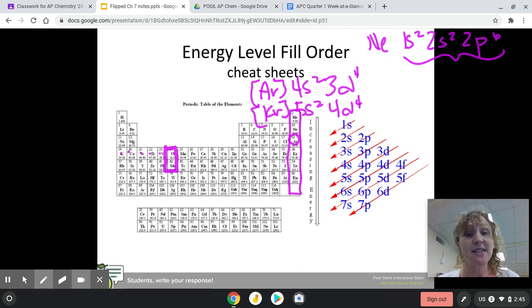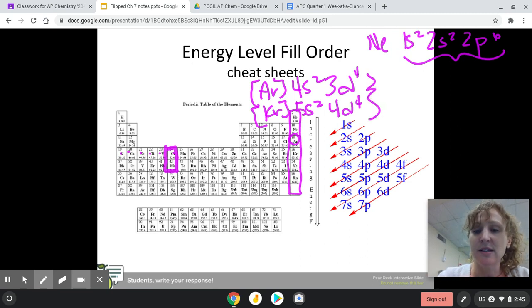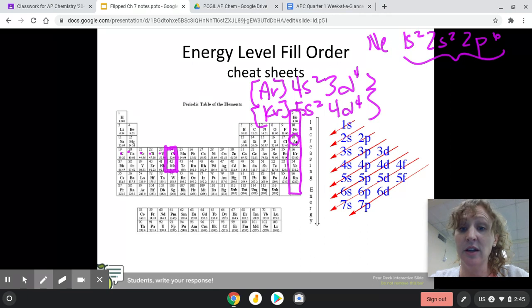Well, a very similar stability comes from a half-filled orbital. So if you look at the elements that have a half-filled orbital, there's this special stability that gets attributed to them as well. It's not quite as stable as the noble gas, but there's definitely a difference. And so look at this electron configuration.